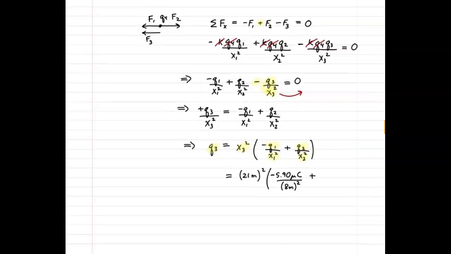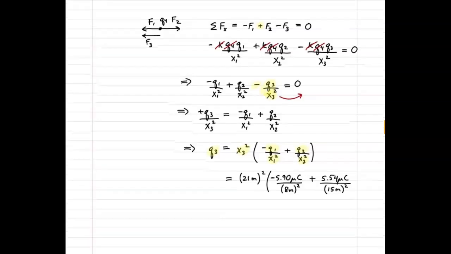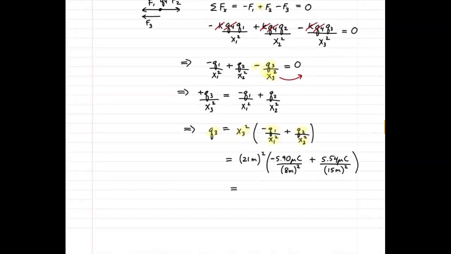And then we have a plus. Q2 is 5.54 microcoulombs over X2, 15 meters. Don't forget that you have to square the whole quantity and not just the number. You have to square the meters as well, not just 15. And close parentheses. So now you can take a calculator and actually do it.